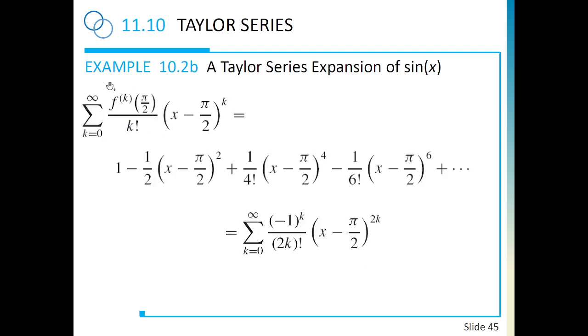So essentially, the formula for the Taylor series is always the same: the summation of the kth derivative evaluated at the center of the series, here pi over 2, divided by k factorial, times x minus the center of the series, everything to power k.